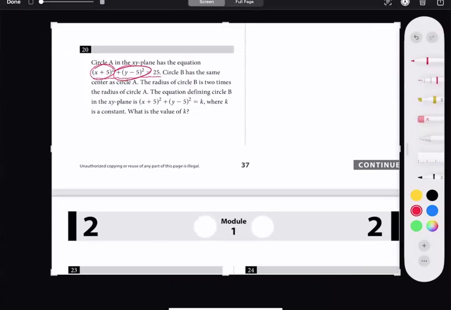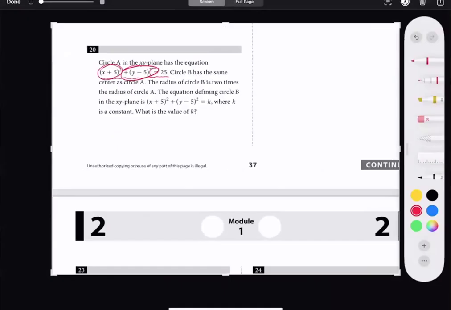The radius of circle B is 2 times the radius of circle A. So the radius of circle A is 5, so the other one is 10. So my K here, that is the radius squared, is 10 squared, that is 100. Do you agree?